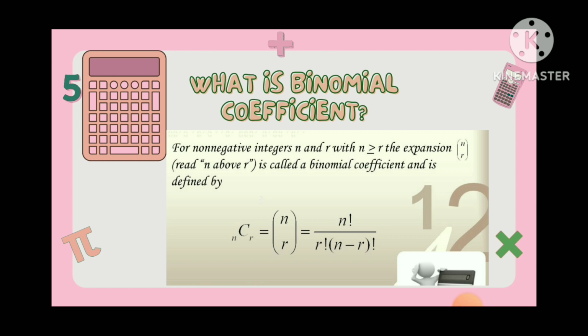Okay, so how do we compute binomial coefficients? As you might have guessed, there is a formula. N choose r is equal to n factorial over r factorial times n minus r factorial.